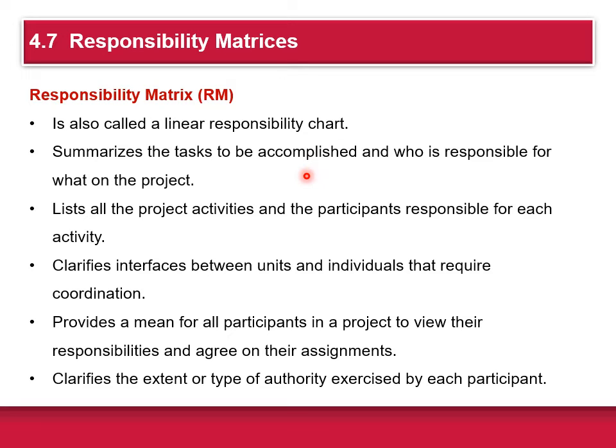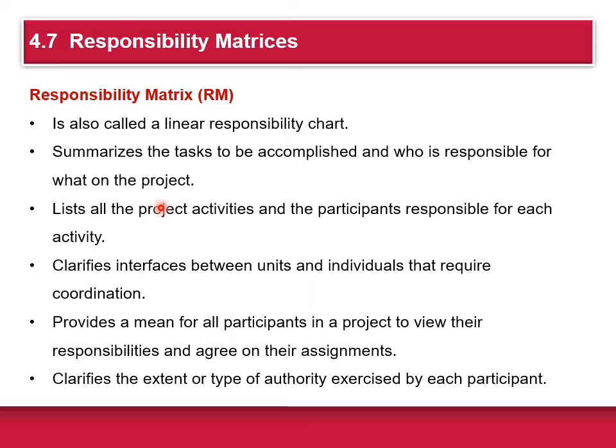In many cases, the size and scope of the projects do not warrant an elaborate work breakdown structure or organizational breakdown structure. So one tool that's widely used by project managers and task force leaders on small projects is what's called the responsibility matrix, abbreviated RM.